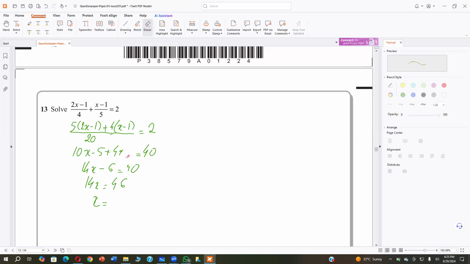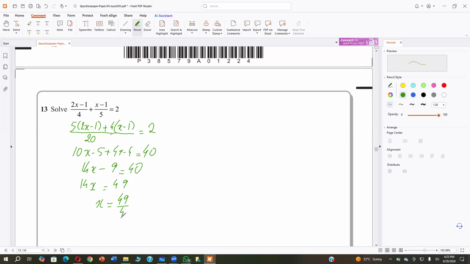Yes, this is -4. So you are getting 14x is equal to 49. Very strange number. Can you check this answer?